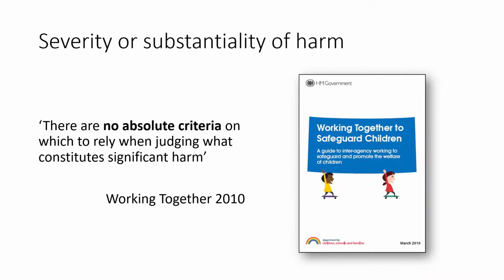In Working Together 2010, it states that there is no absolute criteria when judging significant harm. However, the same guidance develops very practical criteria related to the severity of harm. These indicators have been incorporated into the significant harm checklist.